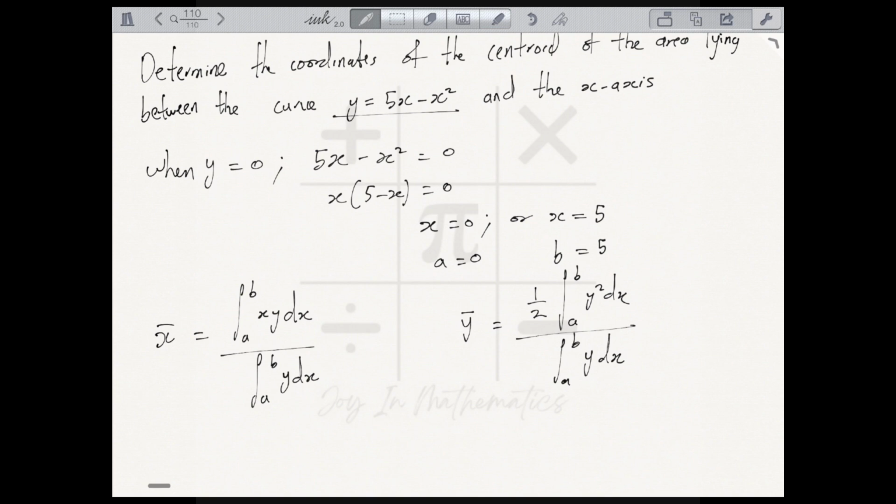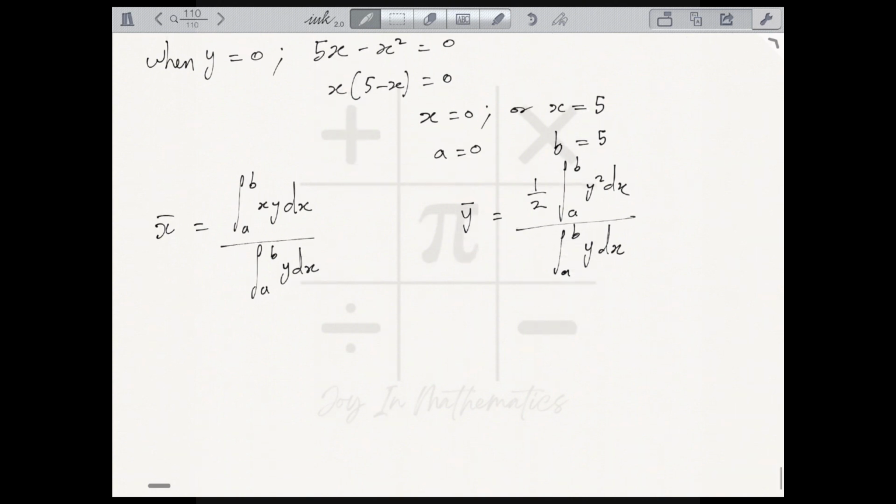With this done, we can now begin with x bar, and x bar is equals to, making our substitution, a is equals to 0 and b is equals to 5.